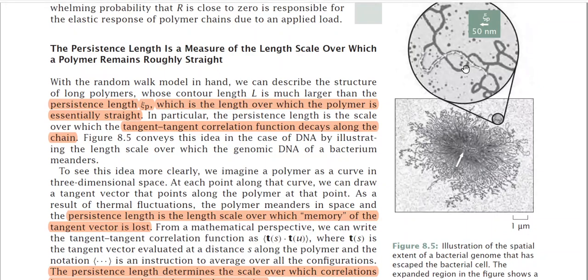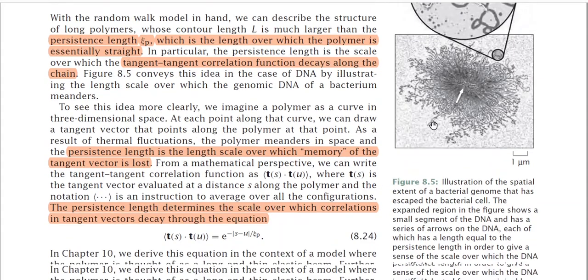Now, in the zoomed portion, you see that the DNA is like a polymer chain, and there are several arrows here. You see this is a small arrow, this is again a small arrow, these white arrows are there.